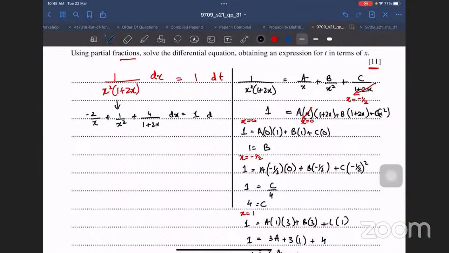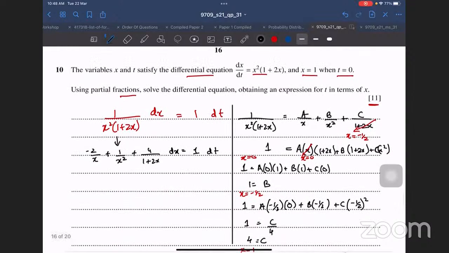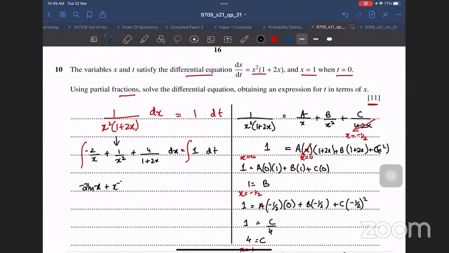I have 1 dt. I integrate on both sides. Minus 2 ln x plus, this is simple integration, this is again ln, divided by 2, the differential of the bracket is 2, equals t plus c.